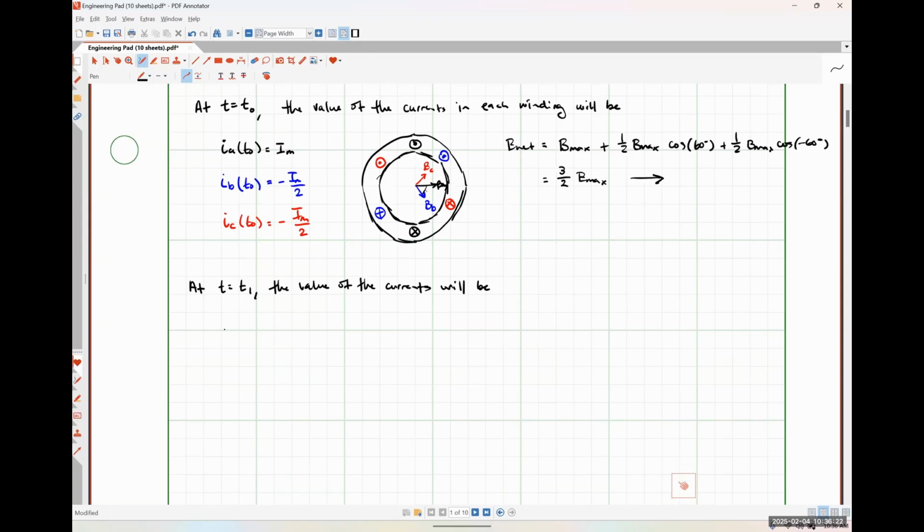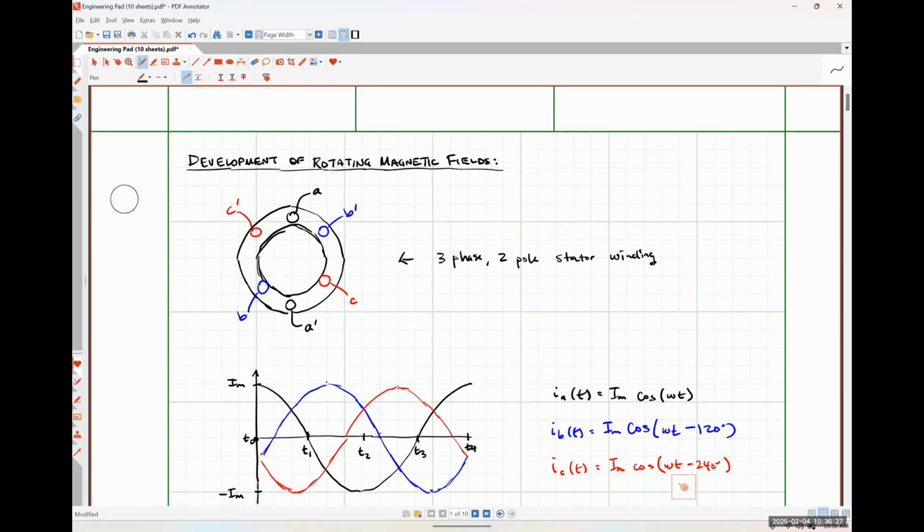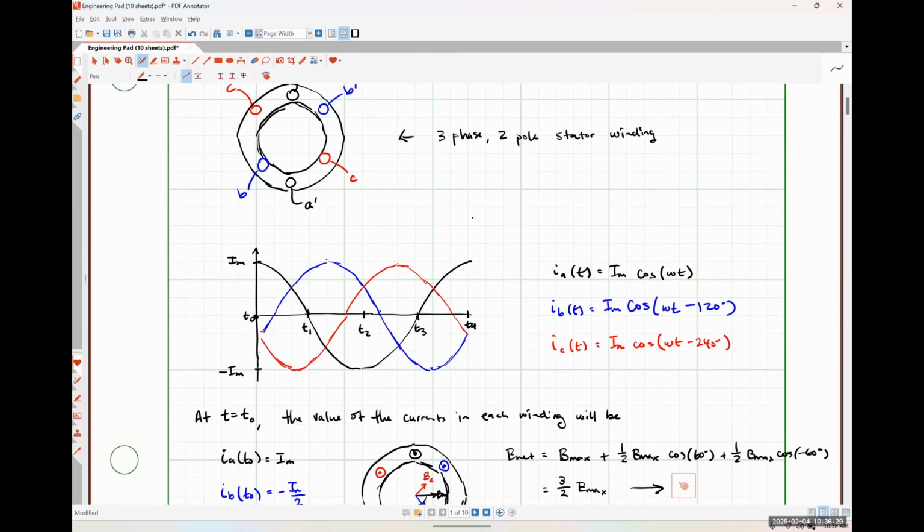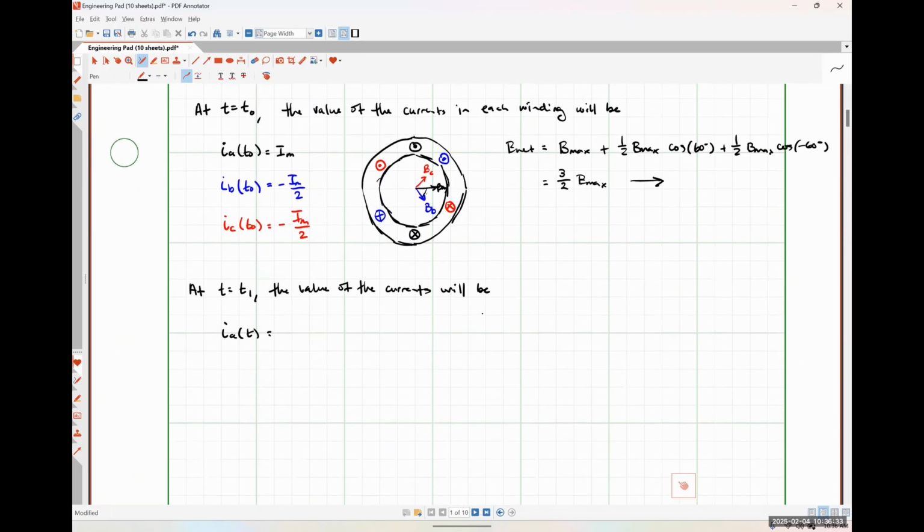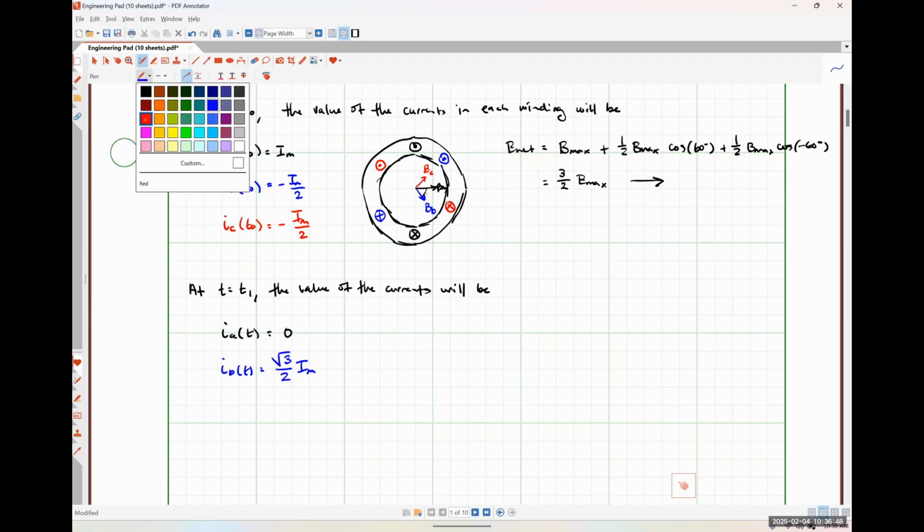So looking at our graph, at T1, our A phase current is literally just 0. Our B phase current, for what it's worth, is going to be the square root of 3 over 2 times IM.